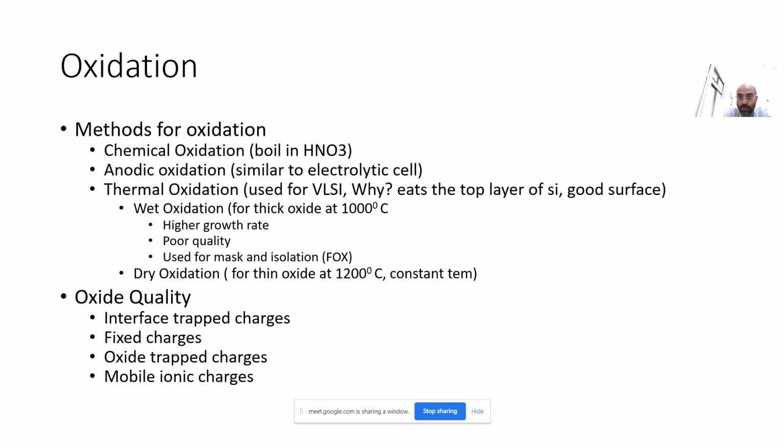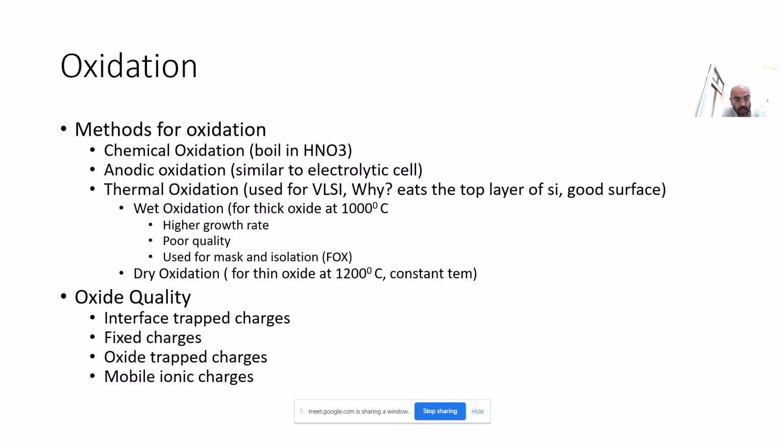If it is a slow process, it is going to take a lot of time, so then the throughput reduces. That is the thing. So you use wet oxide because in the wet oxide the quality doesn't matter that much. The quality matters in the thin oxide.